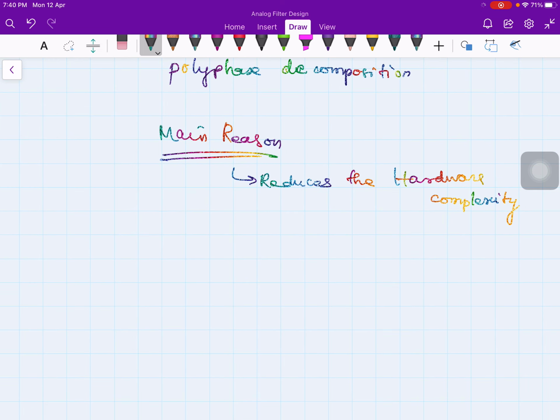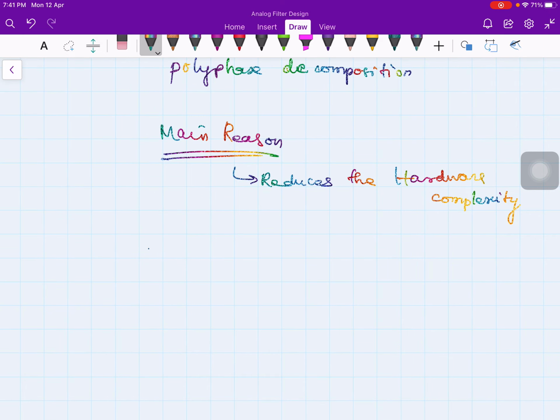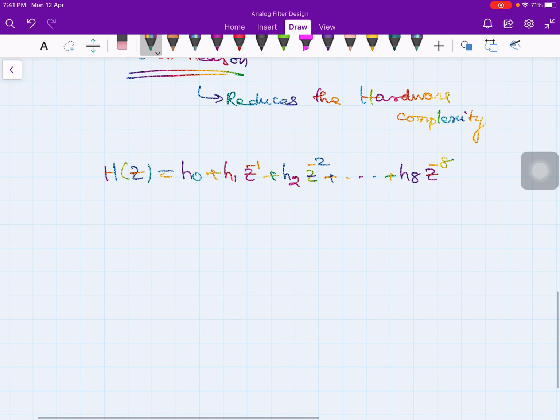And we will illustrate this with reference to a particular transfer function, let's say of order 8. So H of z is equal to h0 plus h1 z inverse plus h2 z to the minus 2 plus etc. plus h8 z to the minus 8. Now we can decompose this transfer function in various ways. Let us take the alternate terms.